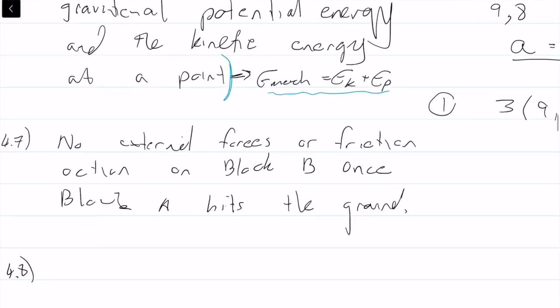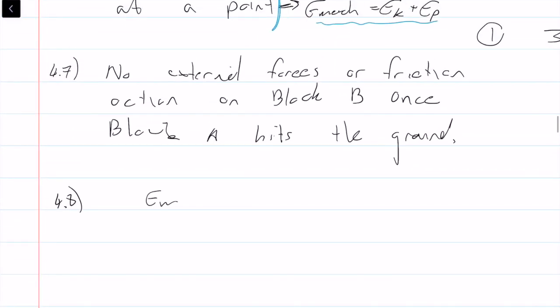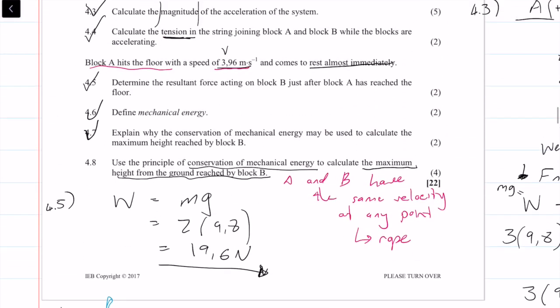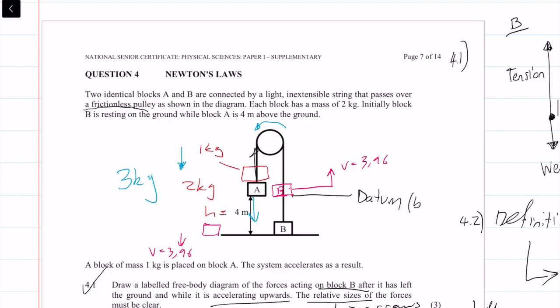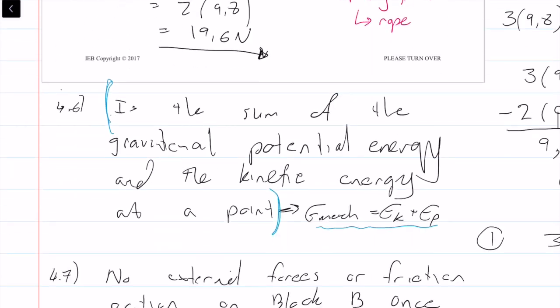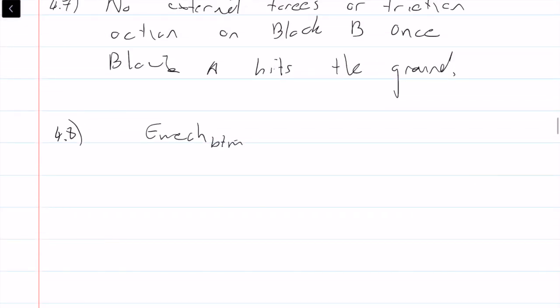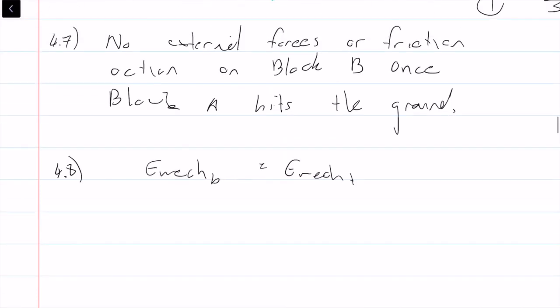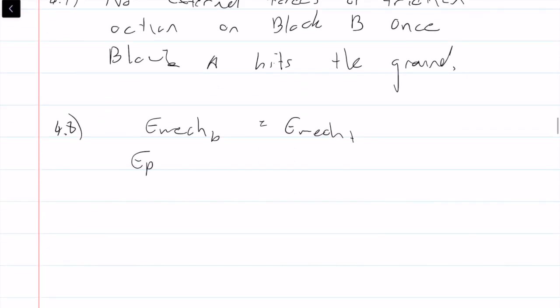So we can say that for question 4.8, E_MEC at the bottom, let's call this datum the bottom, and wherever it ends up, the top for B. So E_MEC at the bottom equals E_MEC at the top. At the bottom we have E_P, potential energy at the bottom, plus E_K at the bottom, equal to E_P at the top plus E_K at the top.